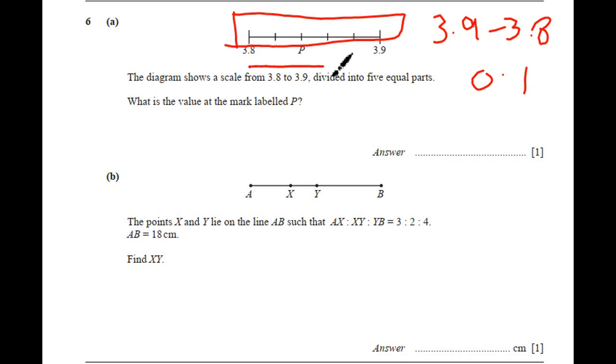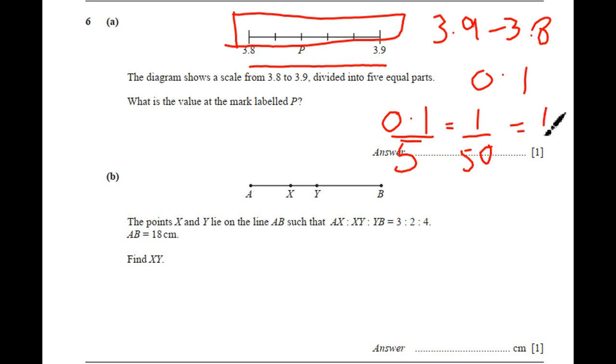So this length represents 0.1 and it has 5 divisions. So 0.1 divided by 5 gives us 0.02. You can do 1 over 50: 1 over 5 is 0.2, and then divided by 10 is 0.02.